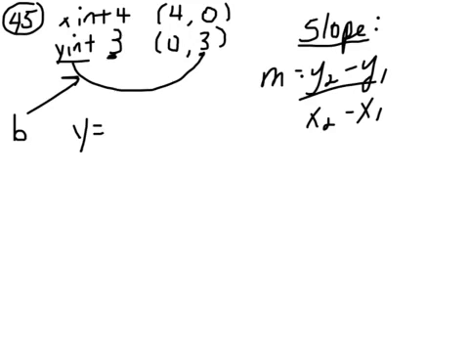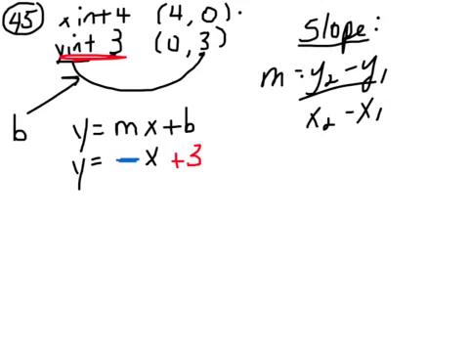So what I can do is use y = mx + b. I'm going to use these 2 points to find the slope, and I already know I have a y-intercept of 3, so let me go ahead and put plus 3. I just need the slope to put right in front of the x. So let's go find the slope, and we'll plug it in right in front of the x.